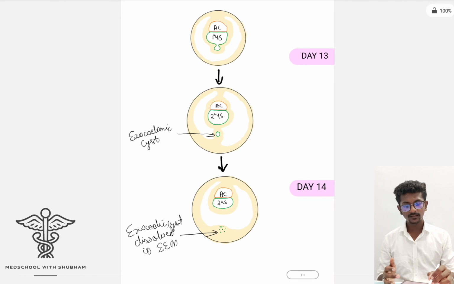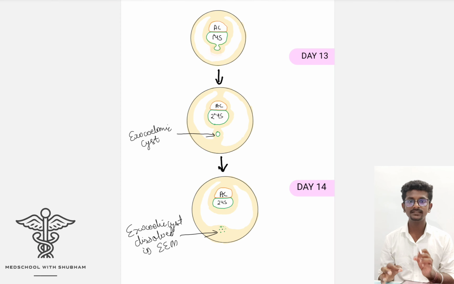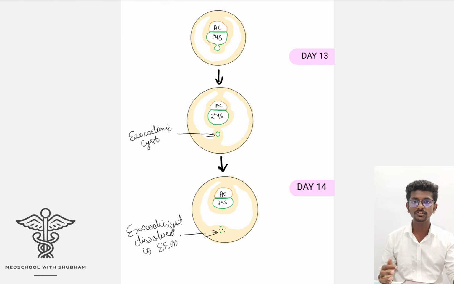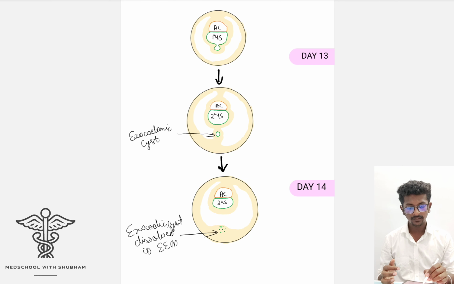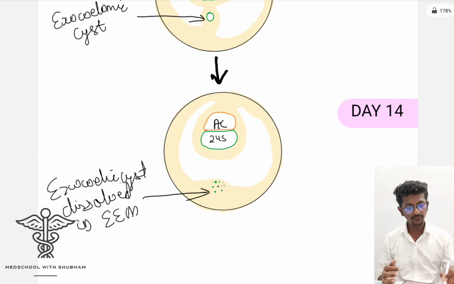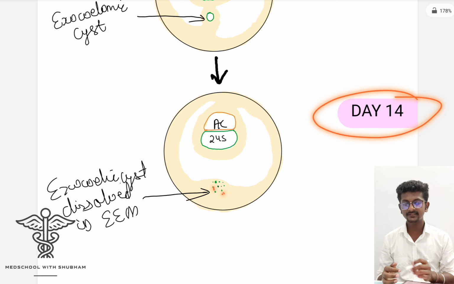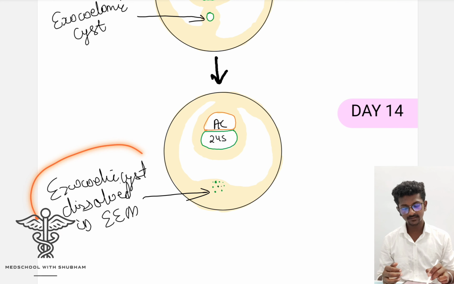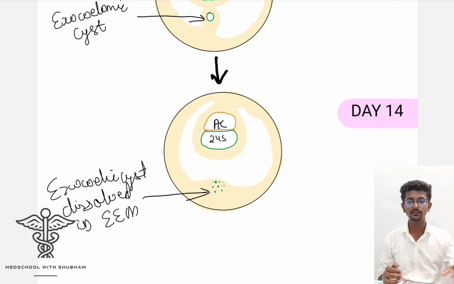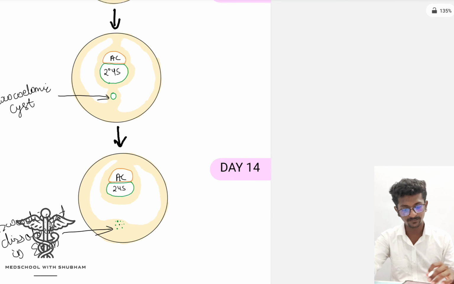On day 13, the small part from this primary yolk sac starts getting pinched off or separated. This pinched off structure is called the exocoelomic cyst. And on day 14, the exocoelomic cyst gets separated out and gets dissolved in the extraembryonic mesoderm.